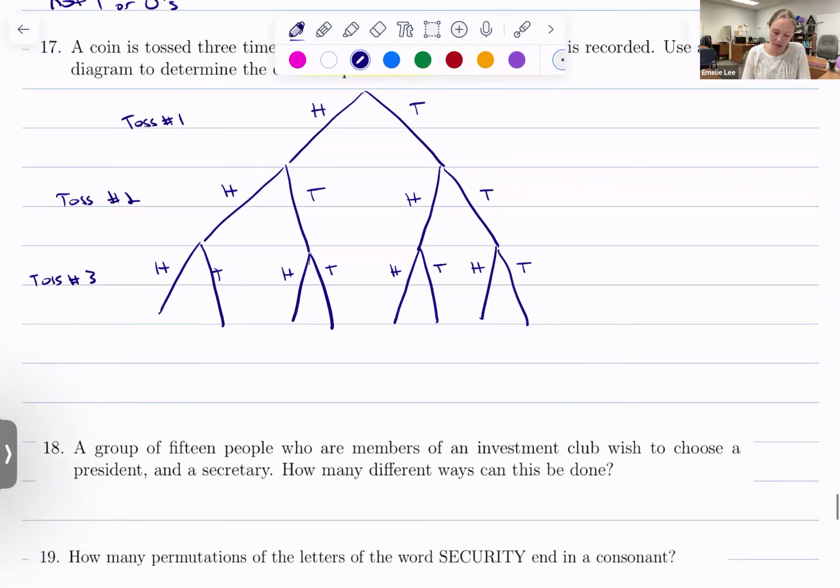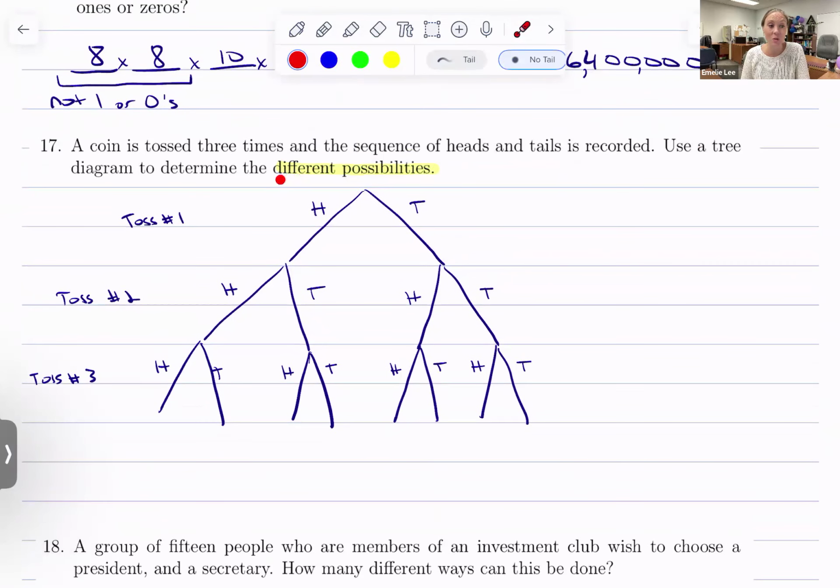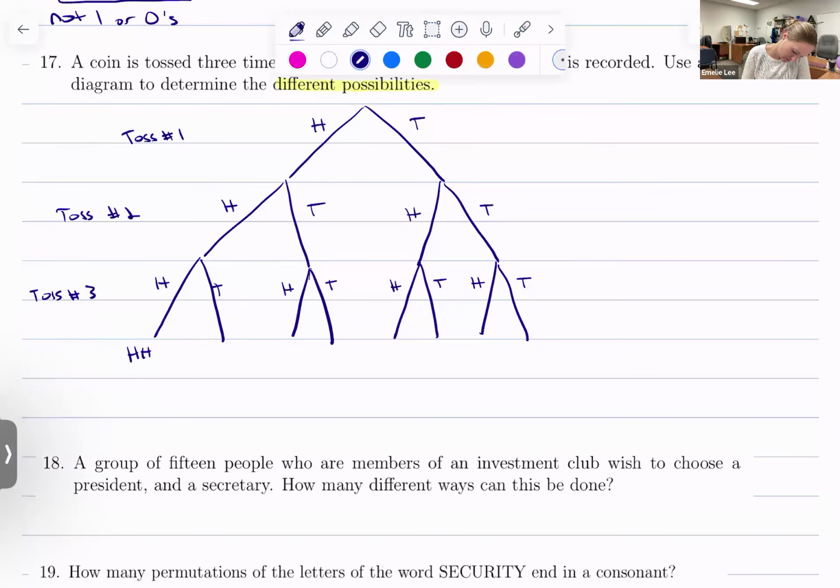Now all I need to do, because the question says to determine the different possibilities, is list them all, and the natural place to list them here would be at the end of each of these branches, reading down: HHH, HHT, HTH, HTT, THH, THT, TTH, and TTT.